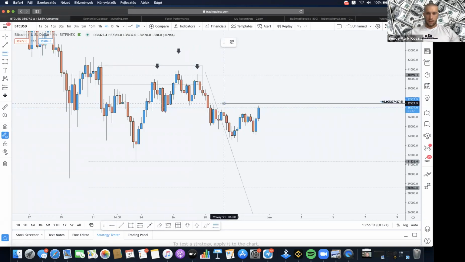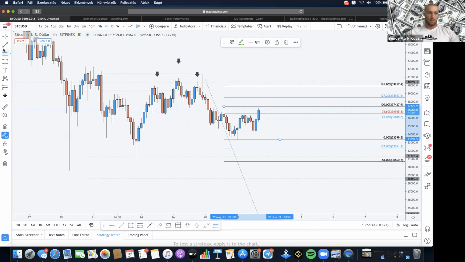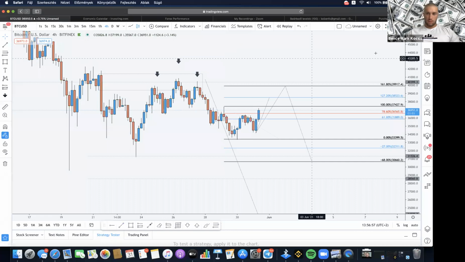That's the last high, that's the last low. So possibly the price comes back to 38,500 or maximum 40,000, and probably after it will still go lower. That's what I think at the moment on Bitcoin. And if Bitcoin is dropping, the rest of the coins will be following too.